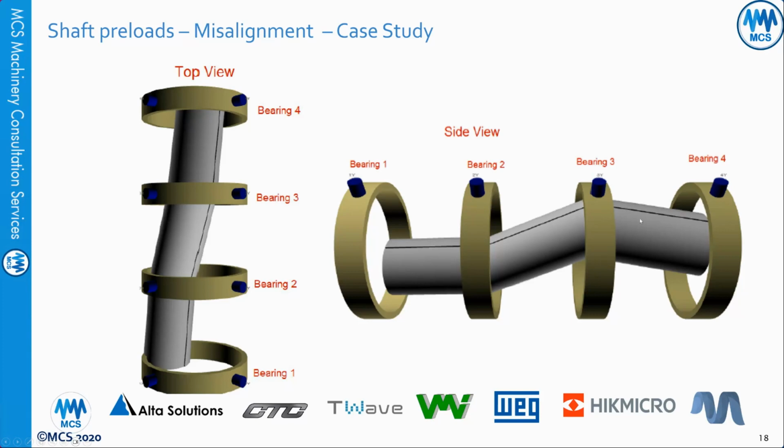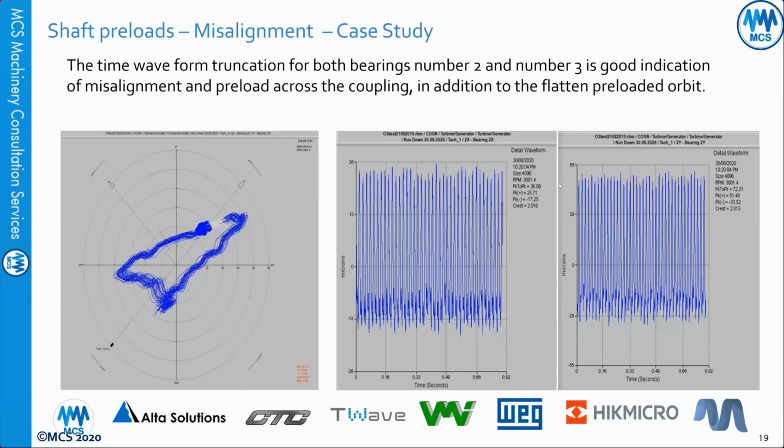So we draw the shaft center line position, and you can see very clearly the difference in the shaft center line position between bearing 2 and 3, which is a very good indication of misalignment. So we now have the spectrum, the shaft center line position, and the orbit. This is the orbit of bearing number 2.